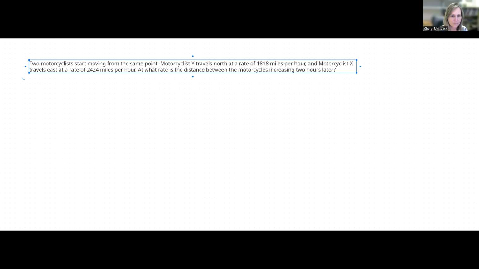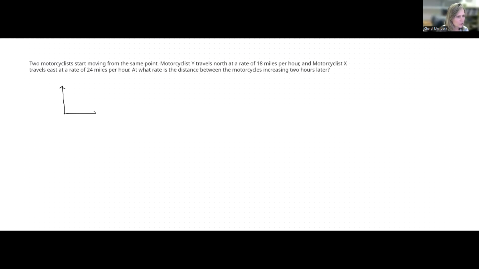So on this problem, again, we'd probably draw a picture. They start at the same point. One is driving north and one is driving east. The guy driving north is going at a rate of 18 miles per hour. And the person going east is at 24 miles per hour.